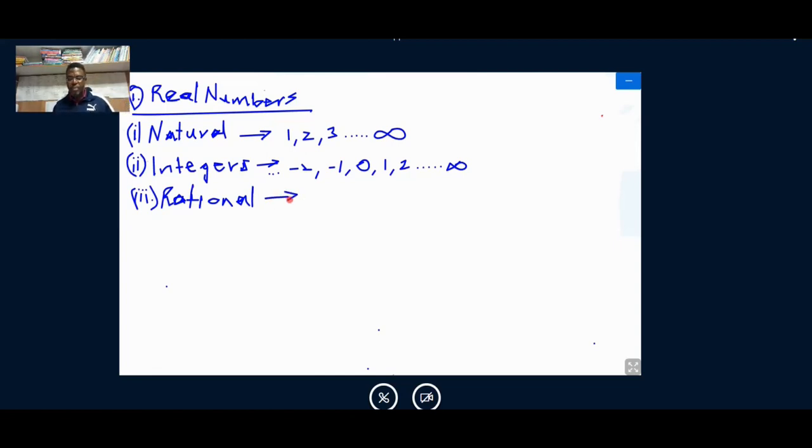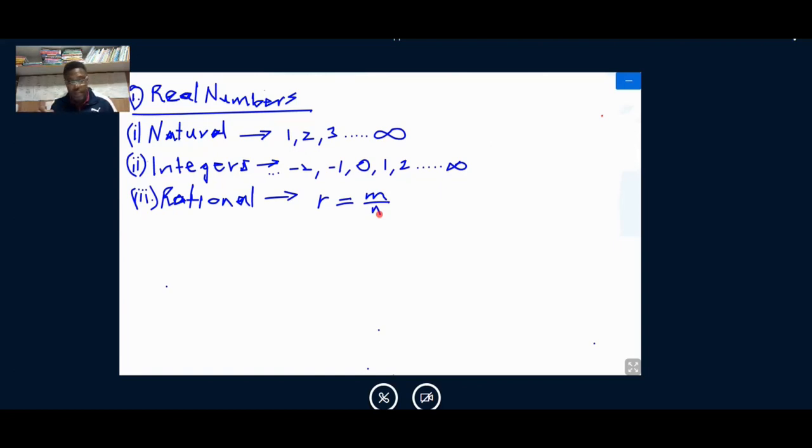So rational numbers are numbers that can be expressed as a ratio. So when we say they can be expressed as a ratio, I want you to put this in your mind. R representing a ratio, M over N. So M could be any number, and N could be any number.